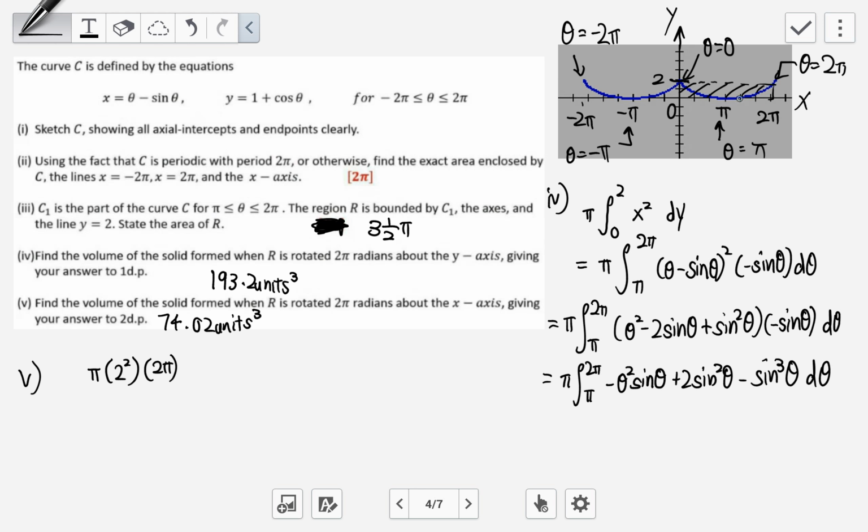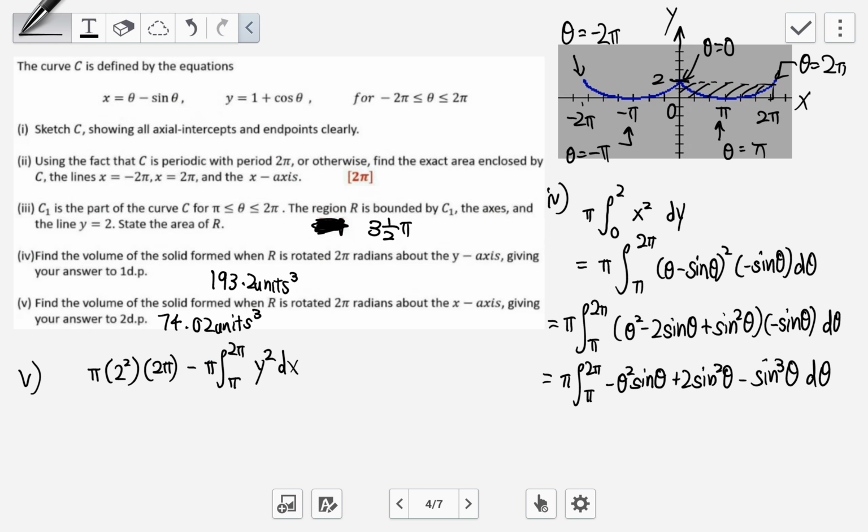This part stretches up to the point where it touches the x-axis, so I want to minus away pi, integrate from pi to 2 pi, with respect to x. Inside should be y squared, because we are now finding volume. We always have this pi and y squared when trying to find the volume.